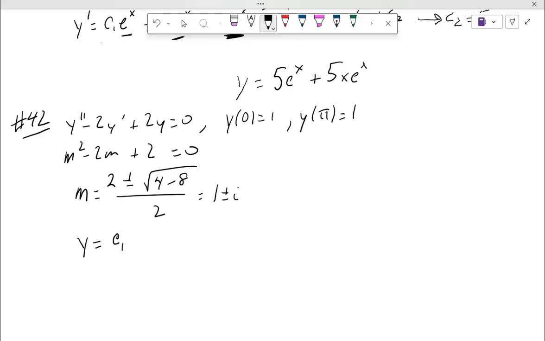Right when we split it up, we had a real part, so this was the alpha. We have an imaginary part, that's the beta. Both of them will be 1 in this case. Where does the real part go? It's the exponential. That part's going to the exponential, right? So this will be e to the x. And then what do we multiply the e to the x by?